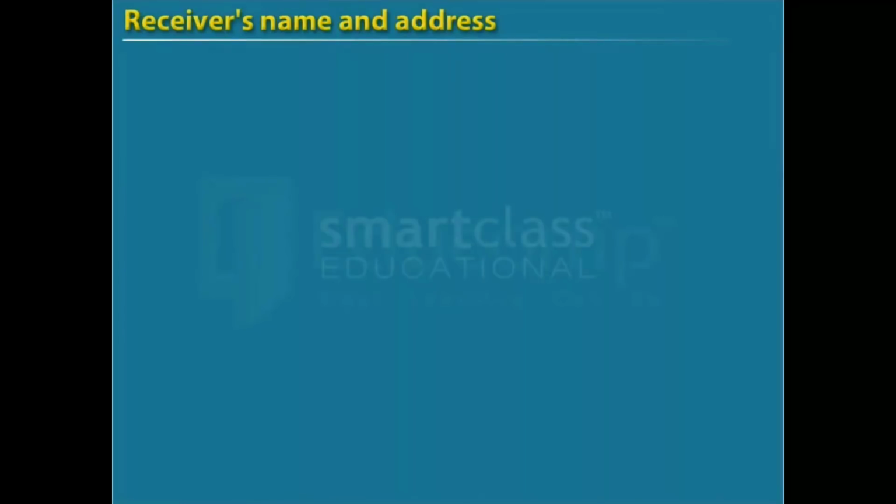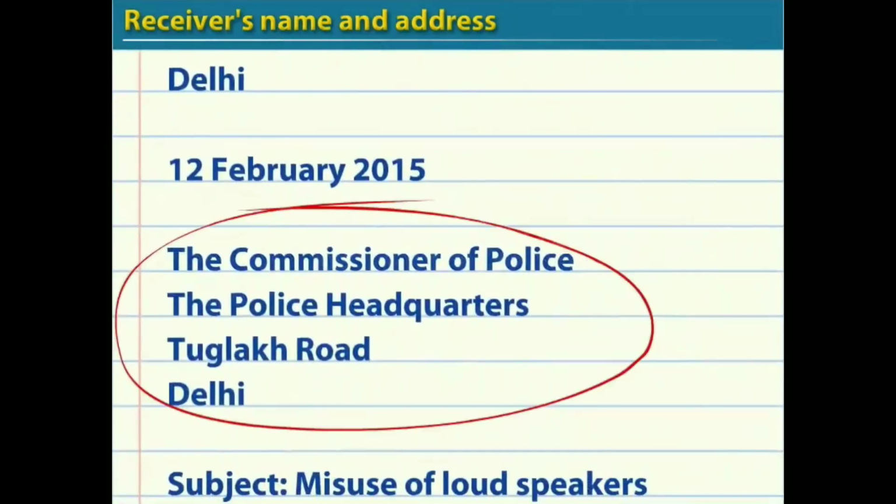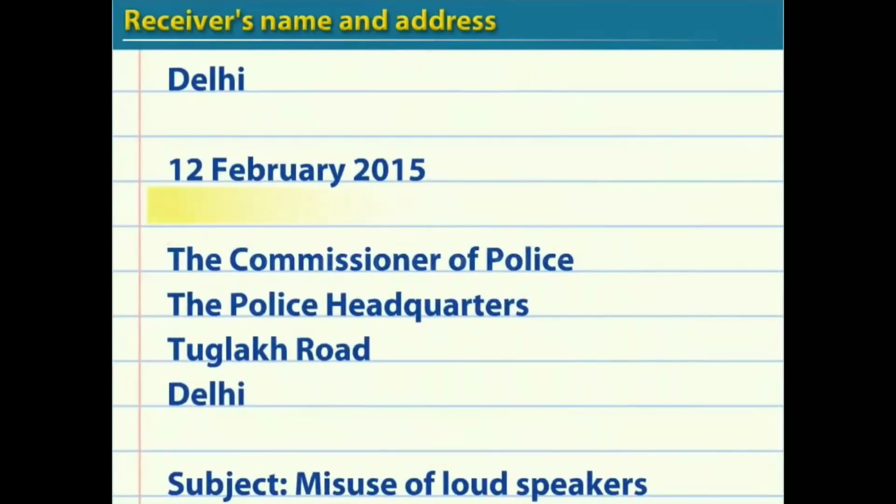Receiver's name and address. The receiver's name and address are written leaving a line after the date and left aligning it. Address the letter to the person responsible for such grievances in the customer care division. Start with the standard Mr. or Miss, followed by the designation.